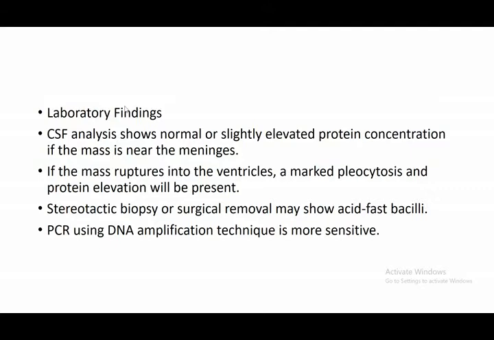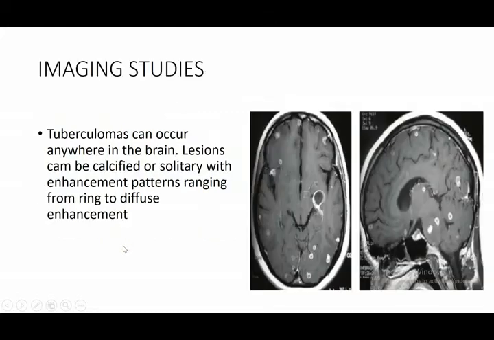And if the mass ruptures into the ventricles, for example, then you can have very typical marked pleocytosis and protein elevation, as well as symptoms and signs of acute meningitis. As it is a mass type lesion, sometimes you need to go for stereotactic biopsy or surgical removal, which may show acid-fast bacilli. And PCR using gene amplification is also sensitive.